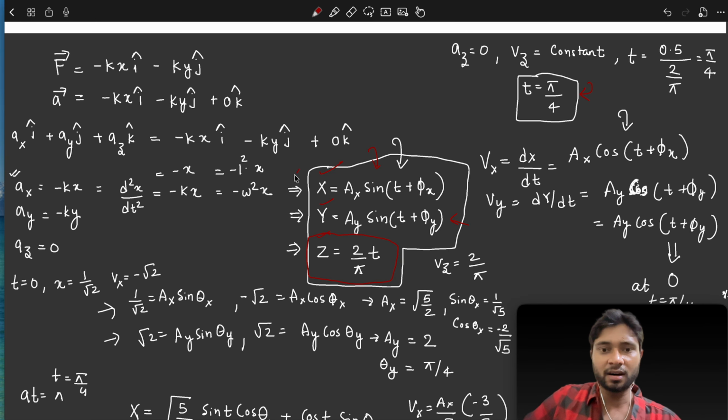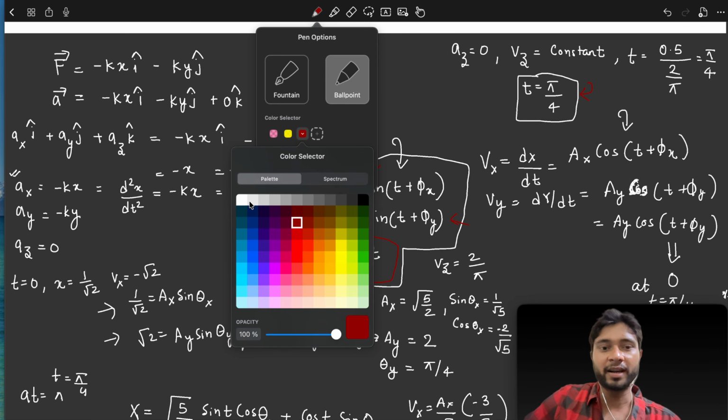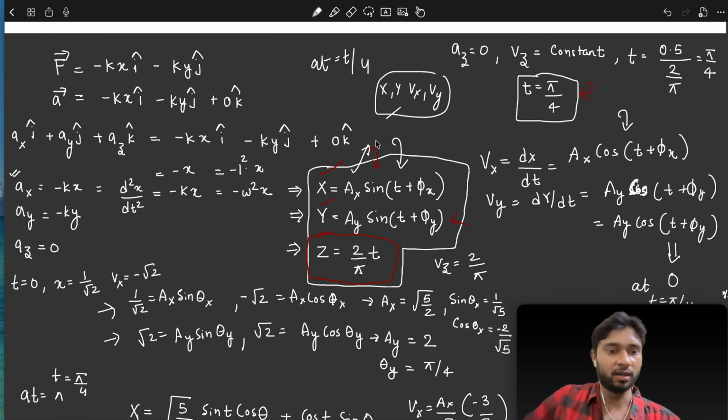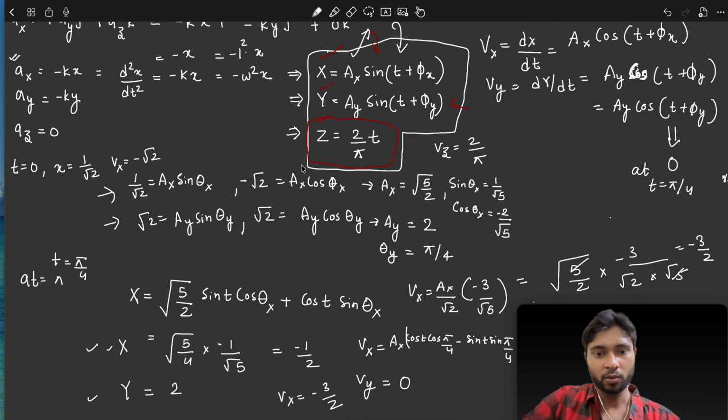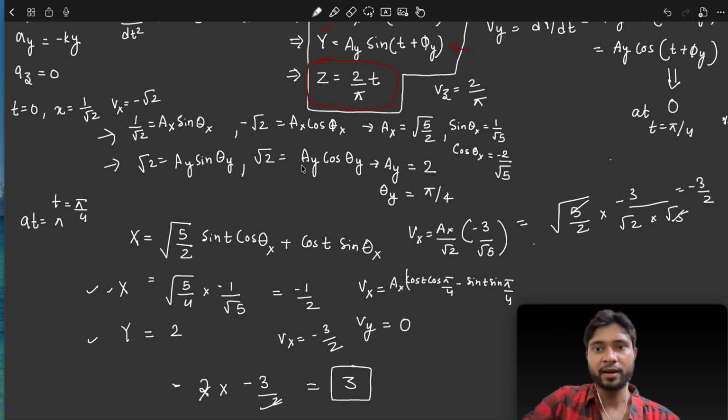Once our Ax and phi x were finalized, we can figure out the value of velocity or coordinate at any time, because now we have the general equation. Okay, then at t equal to pi by 4 we calculated all 4 terms, that is x, y, vx, vy, and we got the value, which came out to be 3. I hope everyone understood and they can solve such kind of questions.